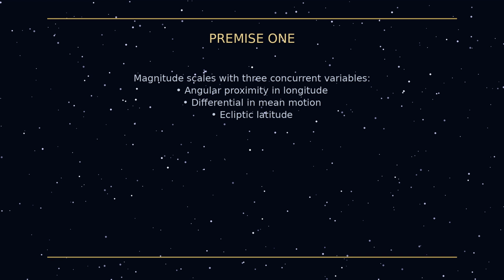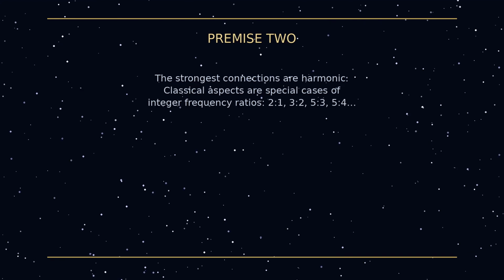The protocol systematically searches for 2 to 1, 3 to 2, 5 to 3, 5 to 4, 4 to 3, and higher order ratios between natal sidereal periods and current synodic or anomalistic cycles. A 120-degree separation is therefore examined not only as a trine, but as a possible 3 to 1 or 3 to 2 phase relationship, depending on the periods involved.